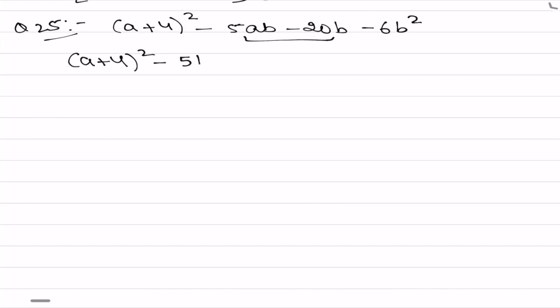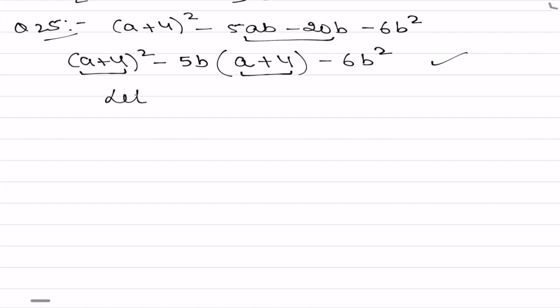Minus 5b. So what is left? a plus 4 minus 6b square. So children, you can see a plus 4 and a plus 4 have again come in the first term as well as in the second term. Now this question becomes the same as the previous question that I have explained.